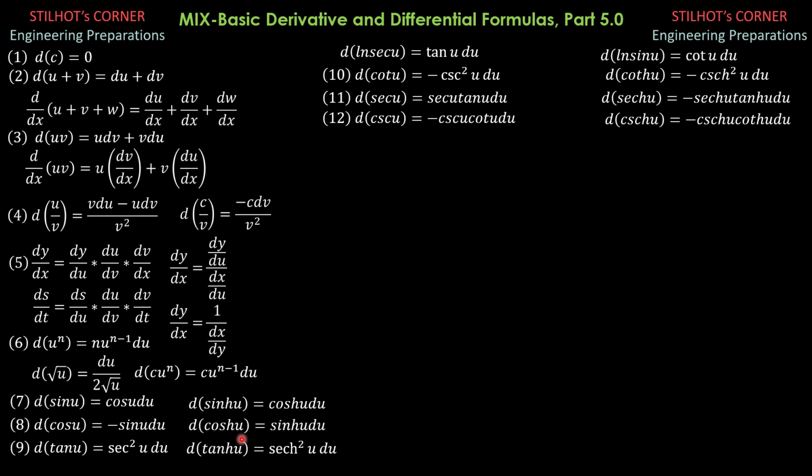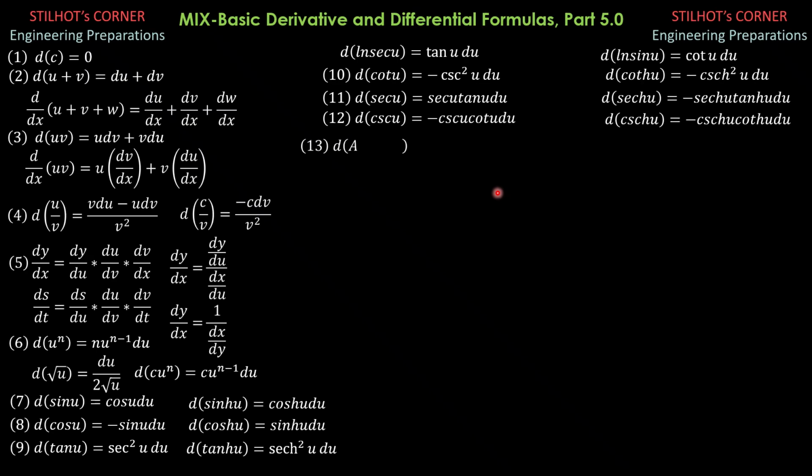The reciprocal of cosine hyperbolic of u is secant hyperbolic of u. That's why the derivative of secant is secant tangent positive, while for secant hyperbolic u it is negative. So those are the mnemonic aids on how to memorize derivative formulas for trigonometric and hyperbolic functions. So let's proceed.